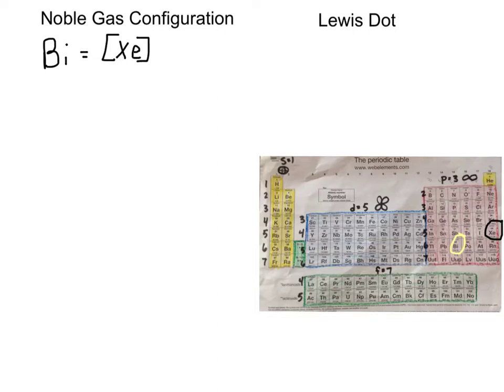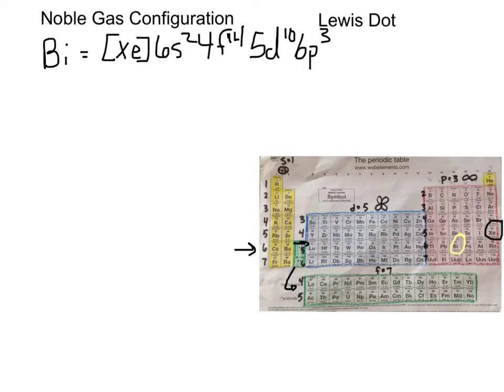So then we go over here to the 6s, and we add the 6s2. We go down to the 4f, add the 4f14, come back up to the 5d, and add the 5d10, and then we add 6p, 1, 2, 3. Now, remember that you can't leave it that way.